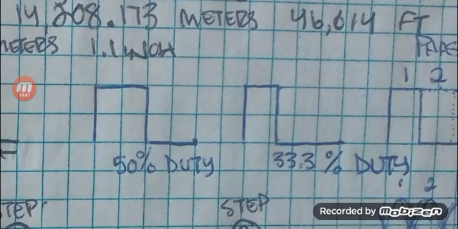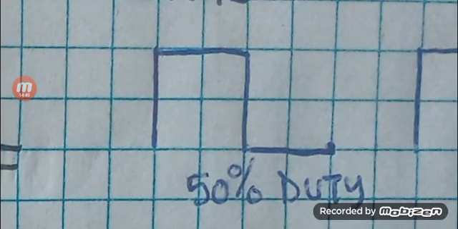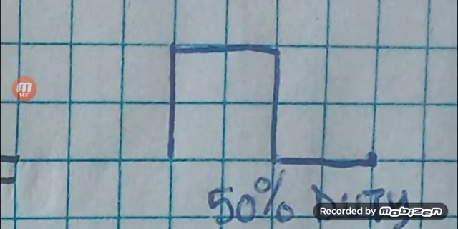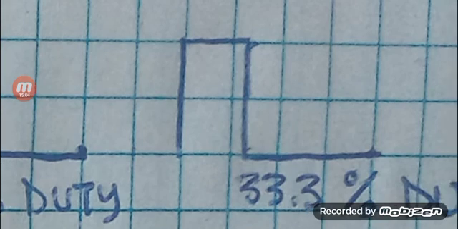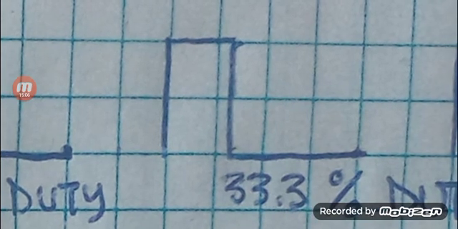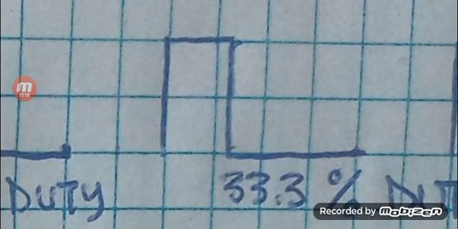So if you look at a 50% duty cycle, 4 squares would equal 1 whole cycle, or 360 degrees. 50% means it's on half the time, off the other half. But a 33% is only on for 33% and then off for the rest of the time, 67%.